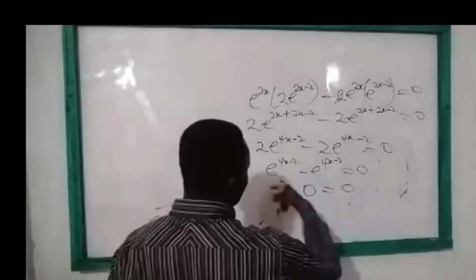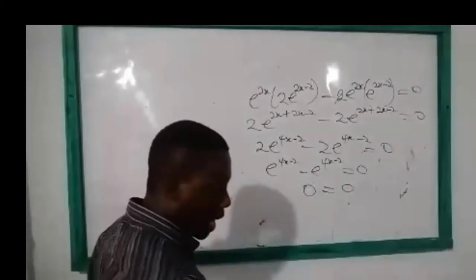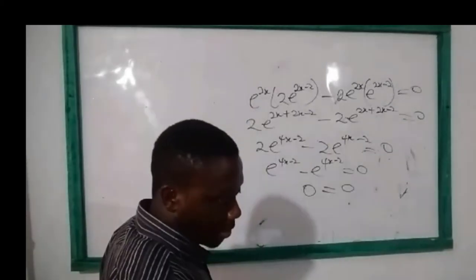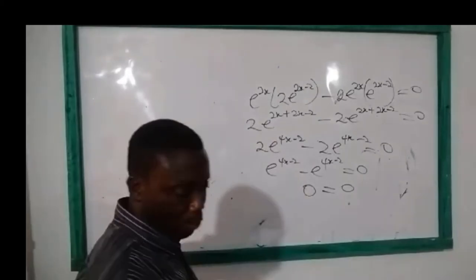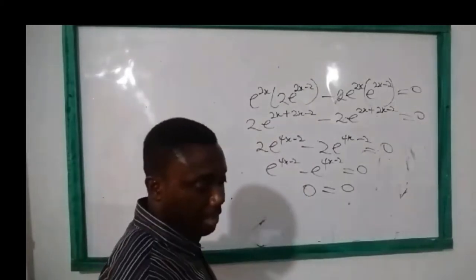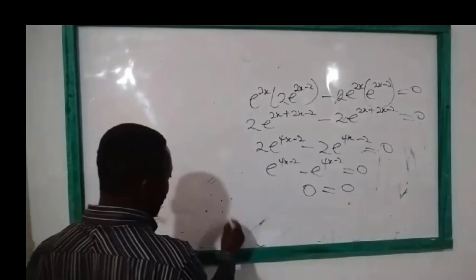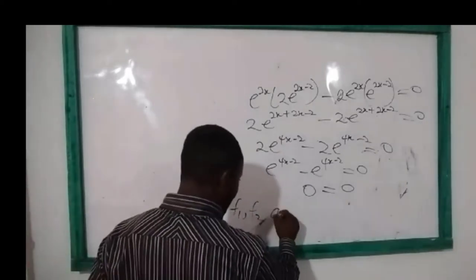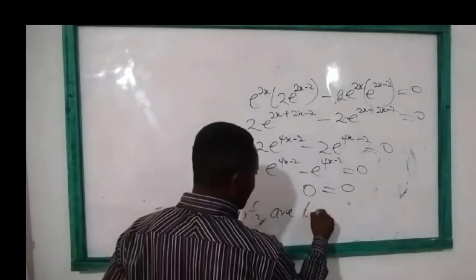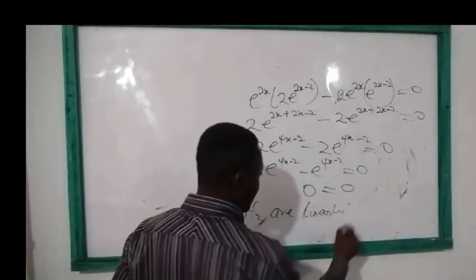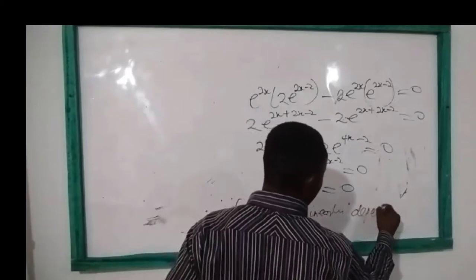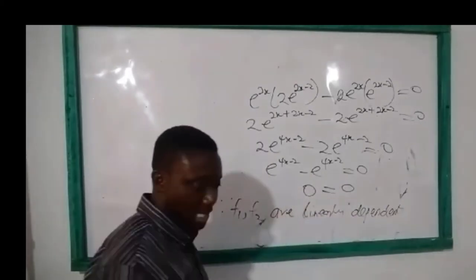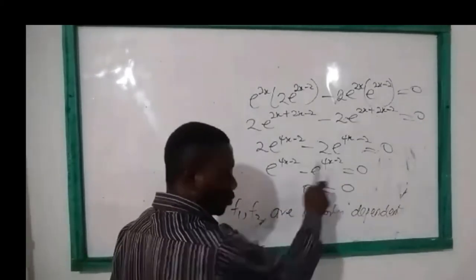And once the Wronskian has given us 0, we conclude that the set of functions that is given, that is f1 and f2, are linearly dependent. So therefore, f1, f2 are linearly dependent. So the condition has been met. The Wronskian has given us 0.